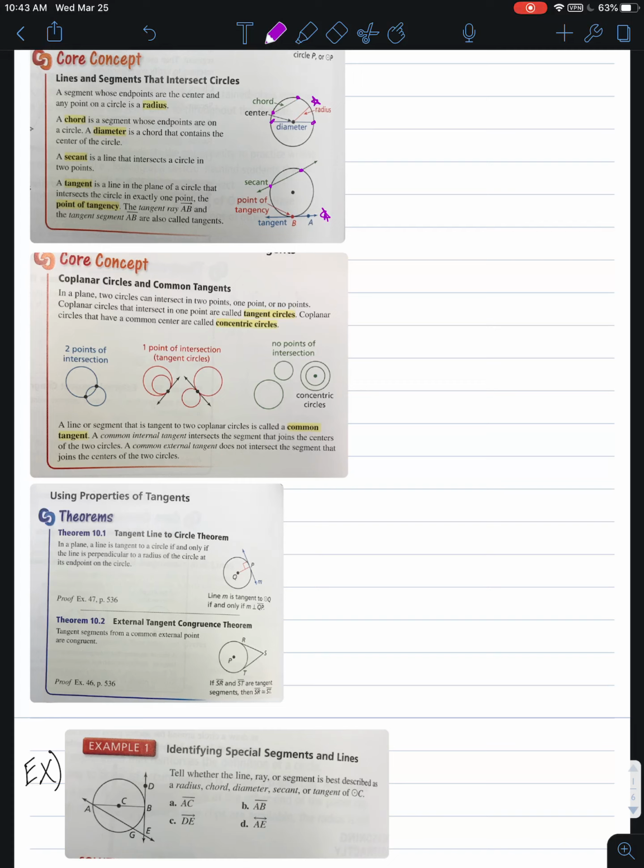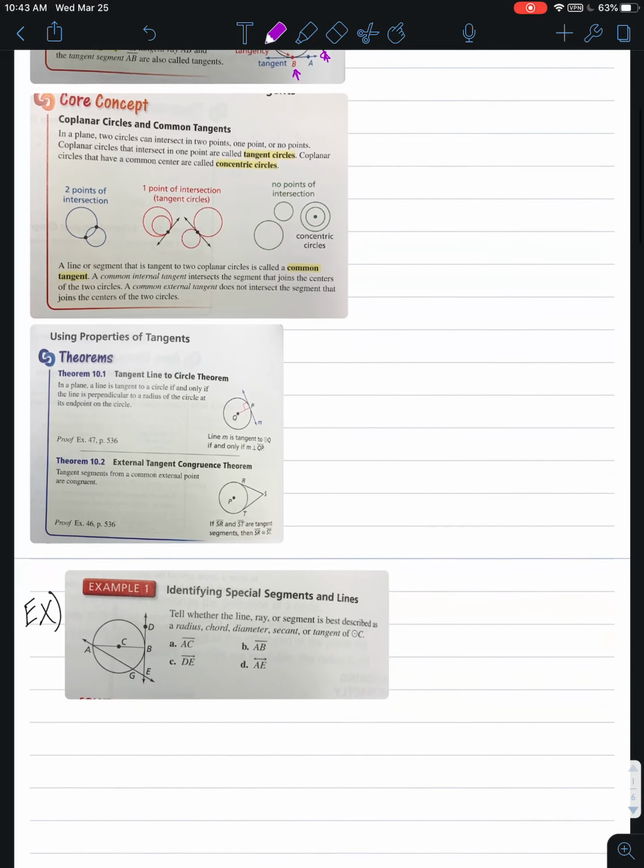The main thing is that it has to only hit the circle at 1 point, and that makes it a tangent, ray, line, segment, whatever you're working on. The point of tangency is that point where it is touching the circle, that 1 point. So in this example, that's why it's saying that point B is your point of tangency, because that's the 1 point that it's hitting the circle.